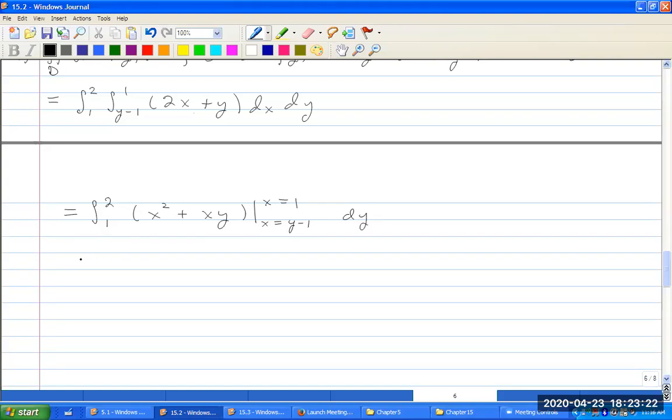And so this is equal to, well, let's plug in 1. So the integral from 1 to 2. Plug in 1 for x, I get 1 plus y minus, plug in y minus 1 for x, so I get y minus 1 squared plus y minus 1 times y.